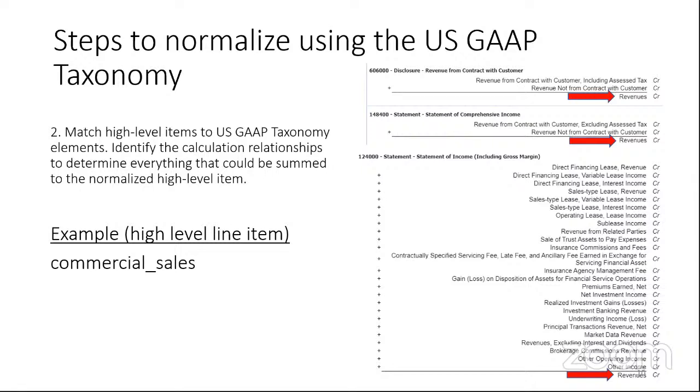And what we've done is we've even taken all the banking ones and we put them in there. This does happen from time to time, if a company does use one of these items, like revenue from related parties, then if that's in the list of leaf nodes you've got, you're going to stick it in commercial sales. So basically the mapping from the commercial sales item that you've got on your left, you really want to link it to as many possible elements as possible.